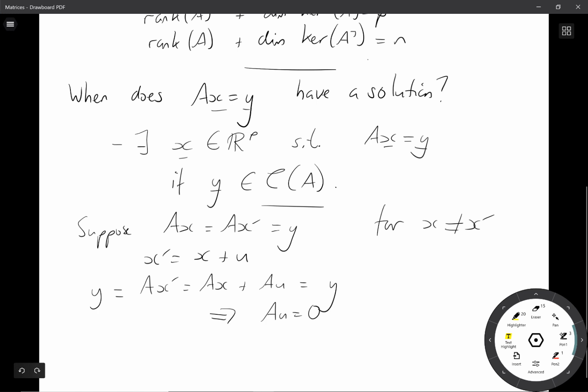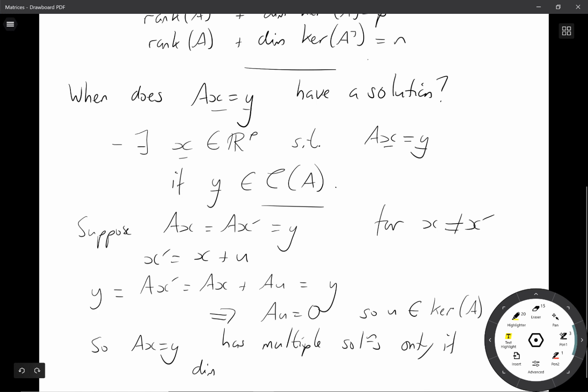So u is in the null space of the matrix A, so it's in the kernel of A. So the equation Ax equals y has multiple solutions only if the dimension of the kernel of A is bigger than 0.